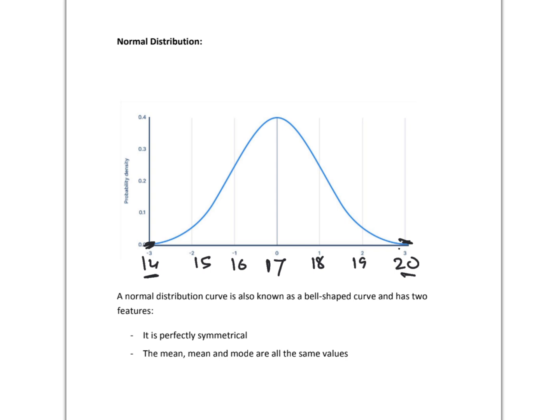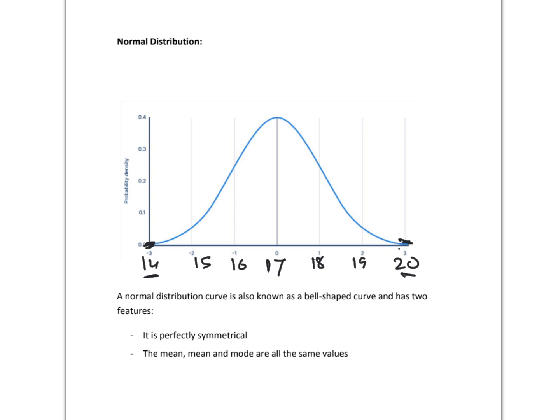We know that majority of the people are around about 17 years of age, which is why the height is the highest or the tallest at 17. A good chunk of people are probably 16 to 18 years as well. We have a few who are around 15 to 19 years as well, but majority people are 17 years of age, which is why this is the tallest. That's why this is the mean or the average. So this is simply telling you how much the data is spread from the middle value.